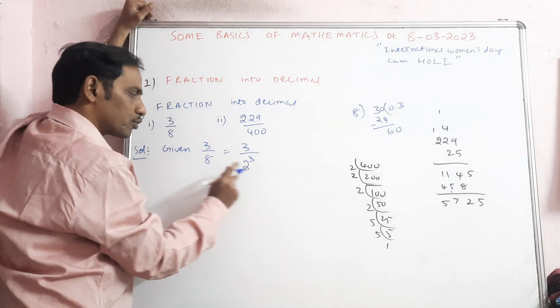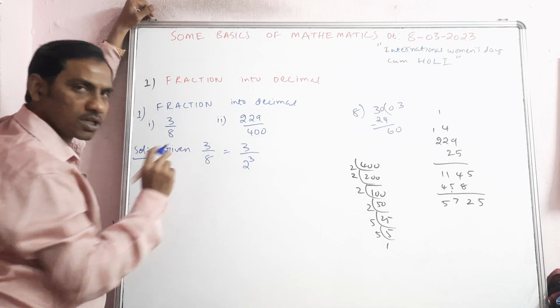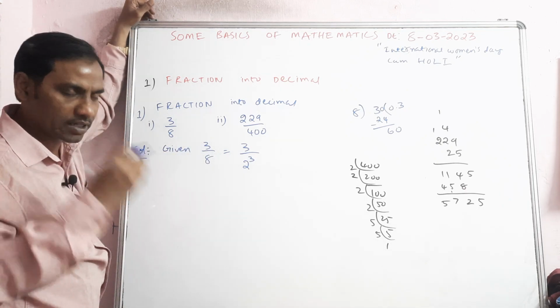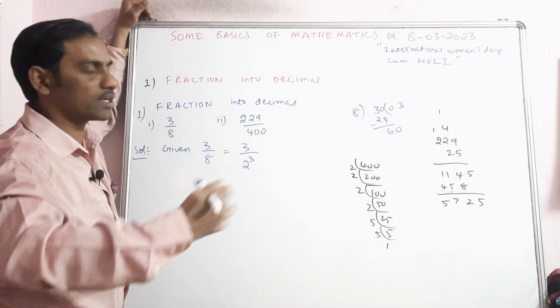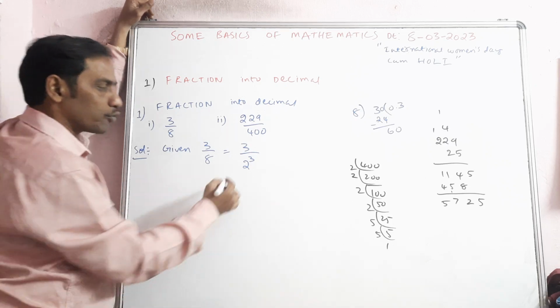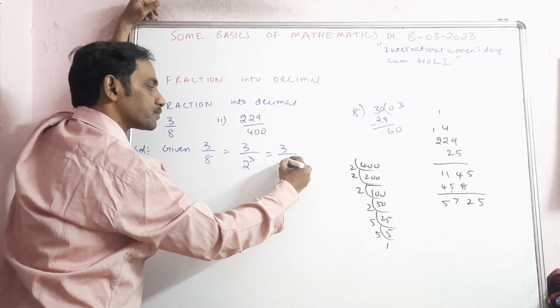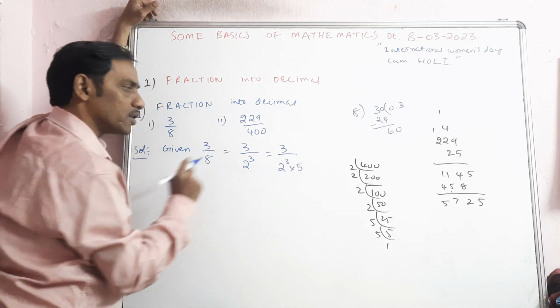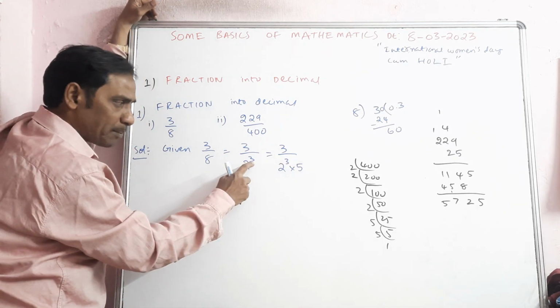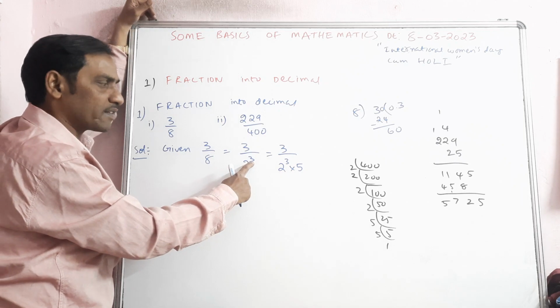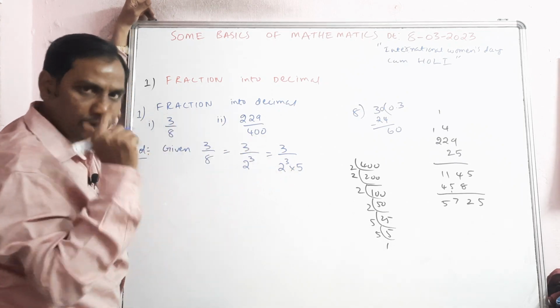Now we have to convert the denominator into powers of 10, like 10, 100, 1000. 10 cube is 1000. To convert this denominator into a power of 10, whatever the power of 2 is, with the same power of 5 you have to multiply.